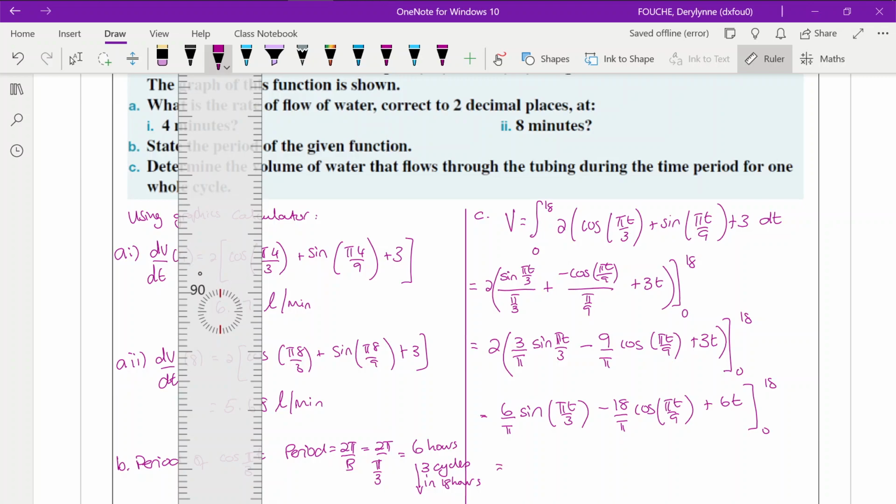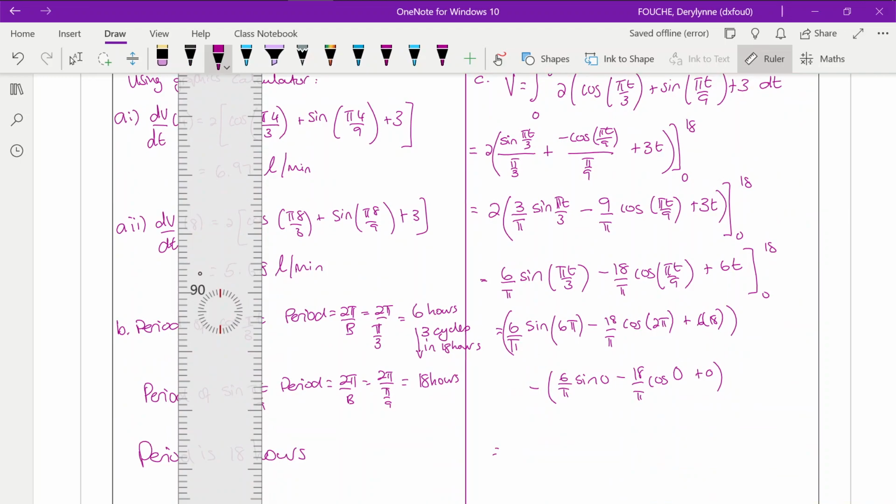And when I put in all my values, I have 6 on pi sine of 18 divided by 3, so 6 pi, minus 18 on pi cos of 18 divided by 9, which is 2 pi, plus 6 times 18, and I'm going to subtract 6 on pi times sine of 0 minus 18 on pi cos of 0 plus 0. Sine of 6 pi will just be 0, and cos of 2 pi is 1, so minus 18 on pi, plus 6 times 18, which is 108.